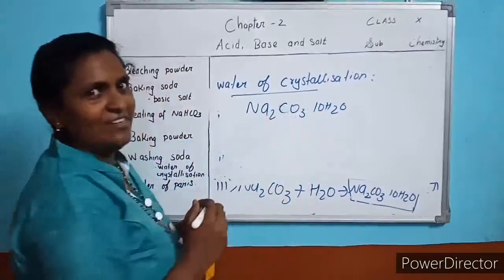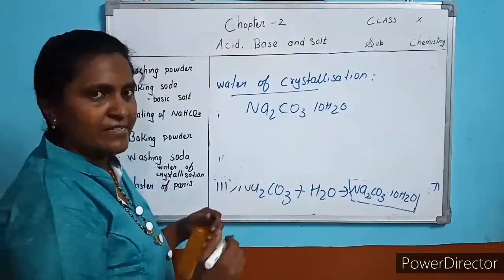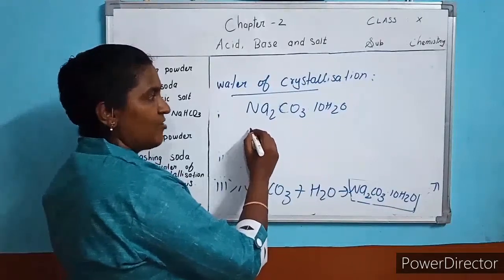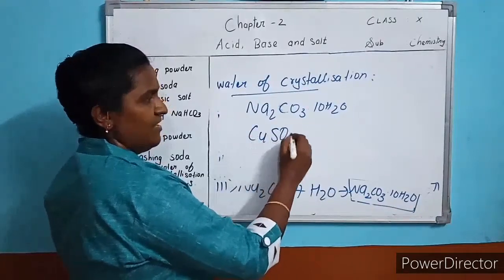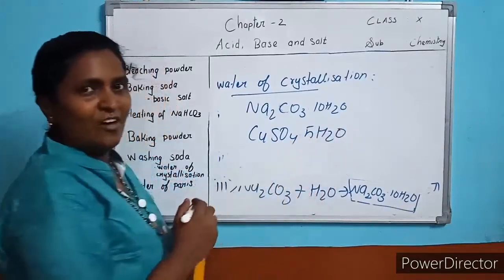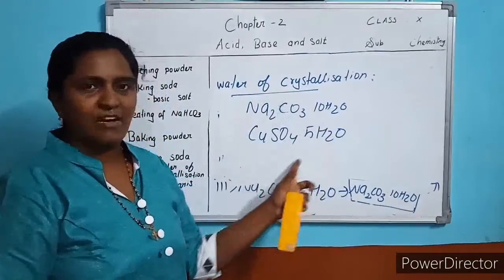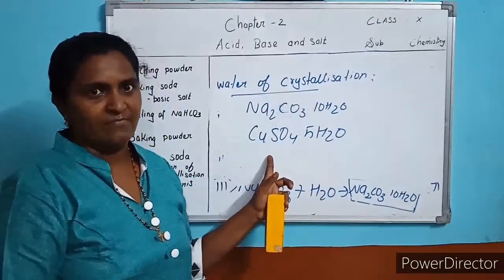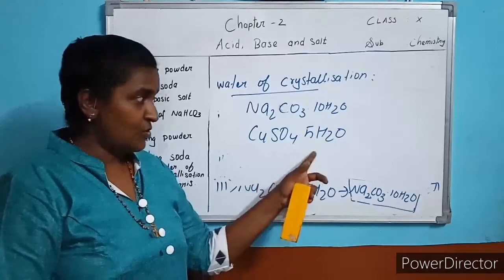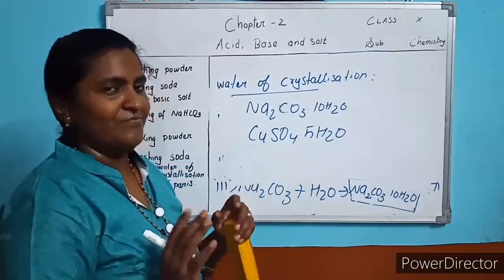The other example is hydrated copper sulfate. To the copper sulfate, 5 molecules of water are fixed. These are examples of water of crystallization. These waters are chemically combined to the compound, so it looks dry.